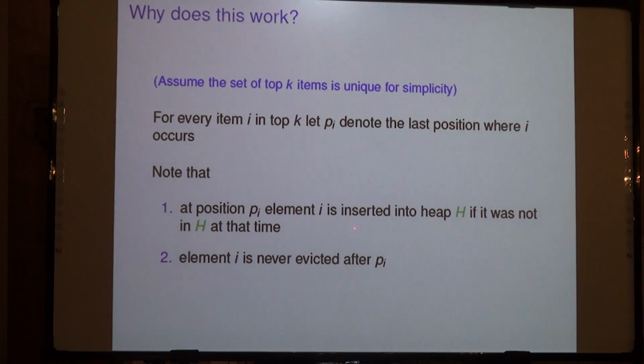Why? Because it's one of the top k frequent items. The heap contains k things, so the least frequent item in that heap will be less frequent. And after that, it's never evicted because the heap has capacity to store k items. It's one of the top k, so somebody else will be evicted if anything. All right, so this is extremely simple.